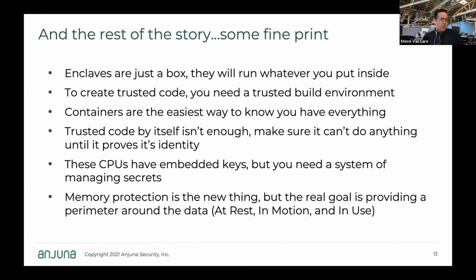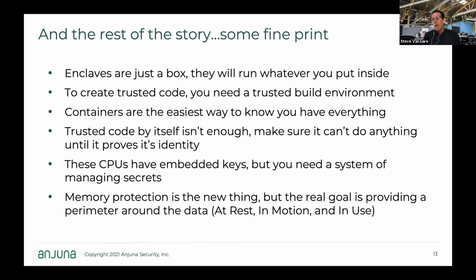Since we're going to work with a locked box, the next thing you need to think about is your build environment. Your build environment needs to be a trusted environment. You want to think about it as two different pieces, because attestation is going to tell you that you're running a trusted piece of code.